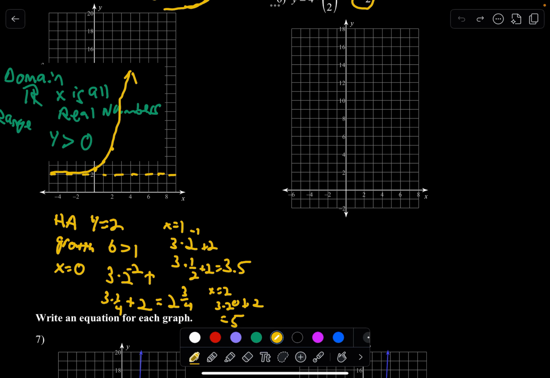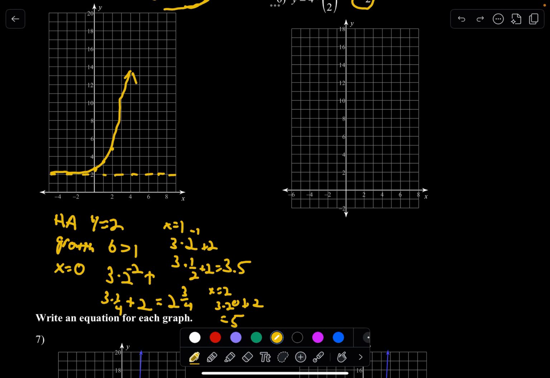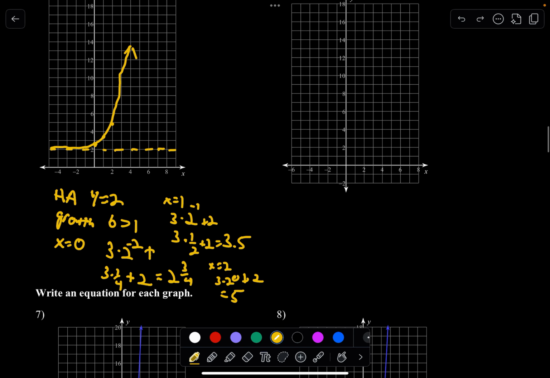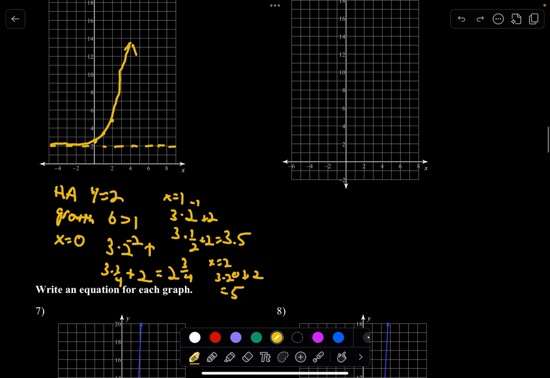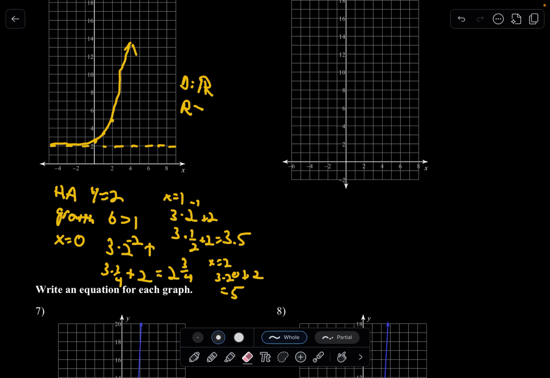Okay. Domain is all real numbers. The range is y is greater than, oh, not 0. Y is greater than 2 because that's the horizontal asymptote. And there you go.